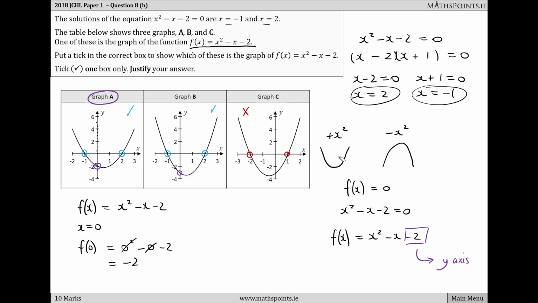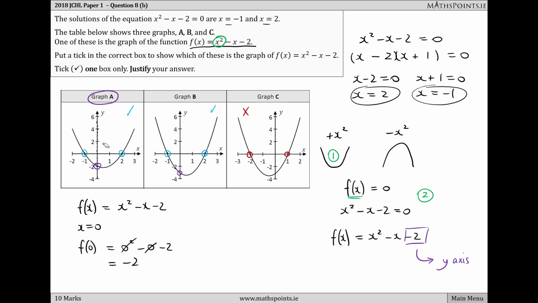So let's just summarize those three checks that we made. The first check was: is it u-shaped or n-shaped? It was a plus x squared curve, and so it was u-shaped. The second check was the solutions to the quadratic equation x squared minus x minus 2 equals 0, which were also the solutions of f of x equals 0. We found them to be x equals 2 and x equals minus 1, the places where the curve crosses the x-axis.